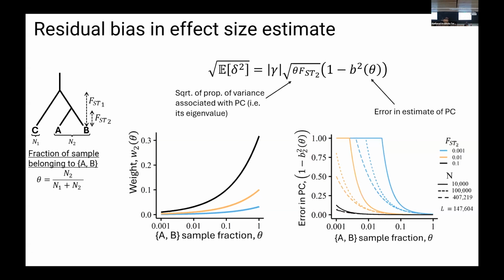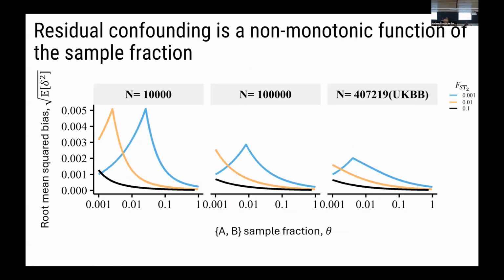What that creates when we put them all together in terms of the bias is a non-monotonic behavior. To help orient you, look at the left side here for n of 10,000. As you add more A and B individuals of the confounded axes, the bias is increasing in magnitude, up to a point where the PCA can kick in based on the asymptotic results, and it drives the bias back down as you add more and more individuals.